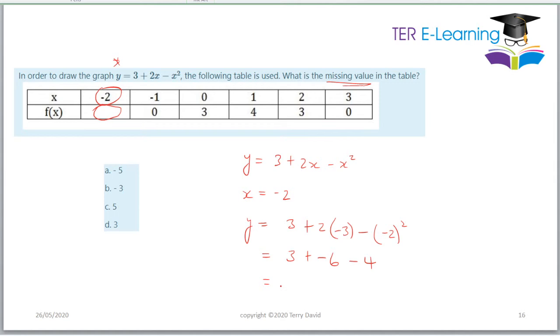One second, let me get the answer. So 3 plus 2... I am getting minus 7. Is that correct? Anybody else get minus 7?